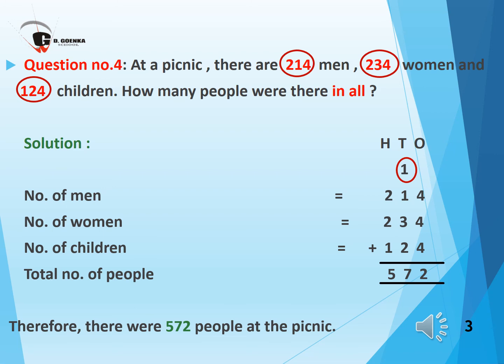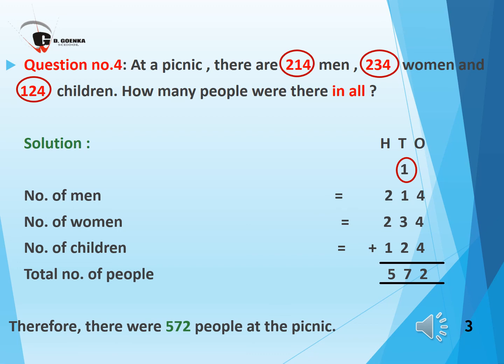Then number of women, that is 234, and number of children, that is 124. Now we have aligned our sum. Let's solve the ones value first, which is 4 plus 4 plus 4 equals 12. So we will write down 2 under ones value and we will carry 1 under tens value.